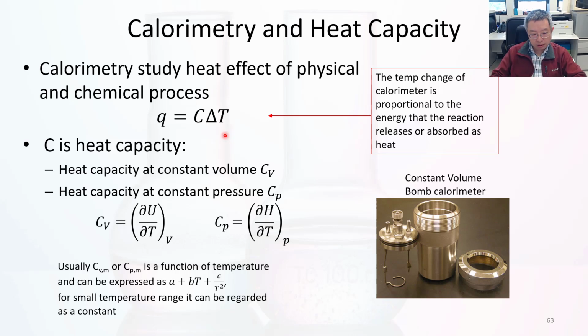If you have more ways of motion, for example rotations and vibrations, those are able to store energy in those motion states. Those motion states cause the heat capacity to be higher, which resists temperature change.